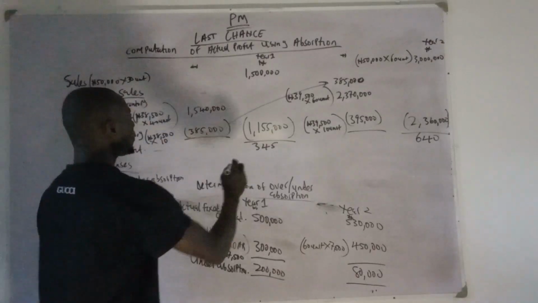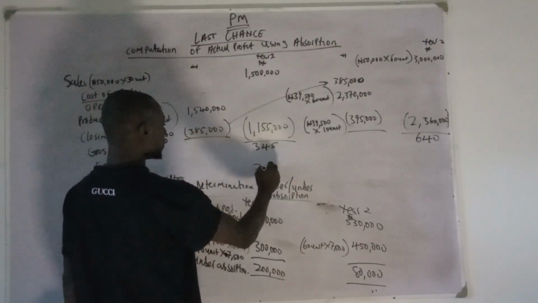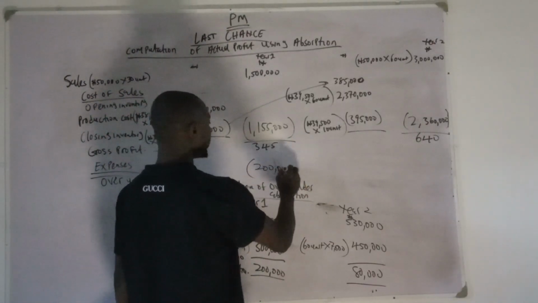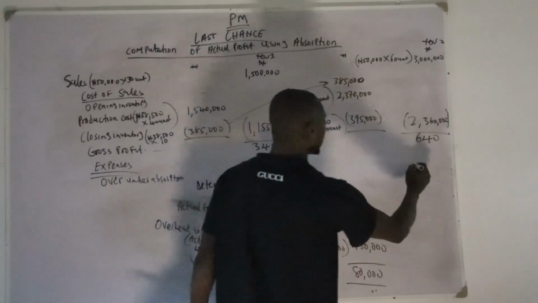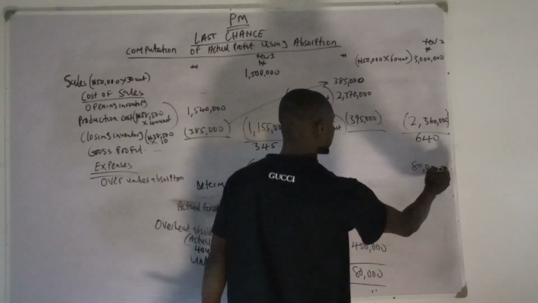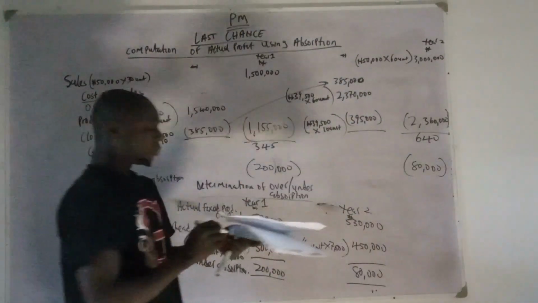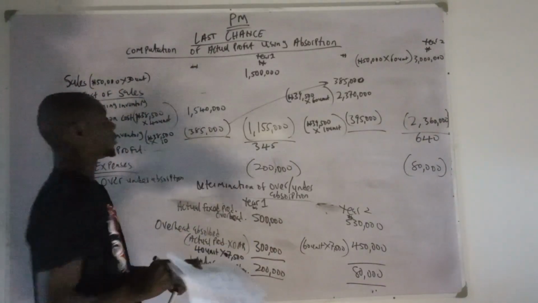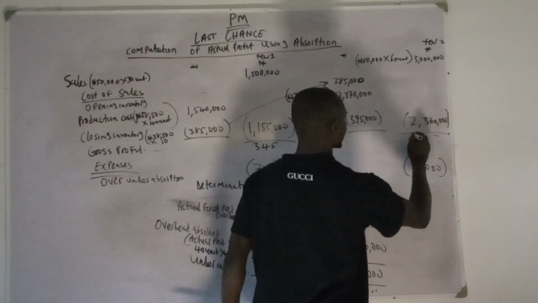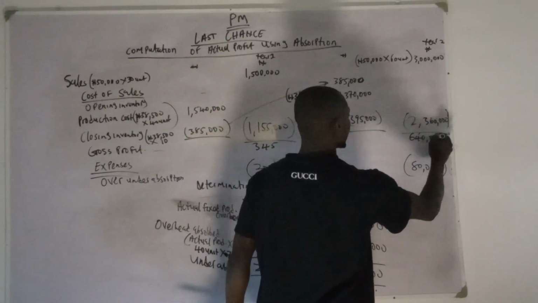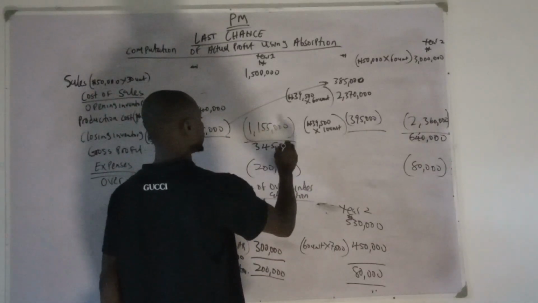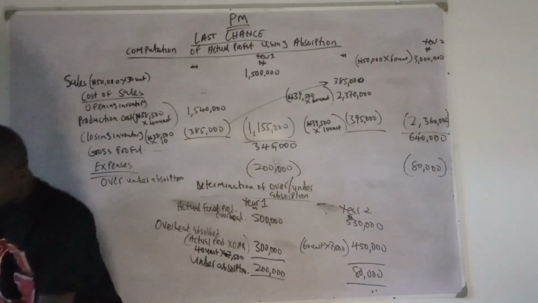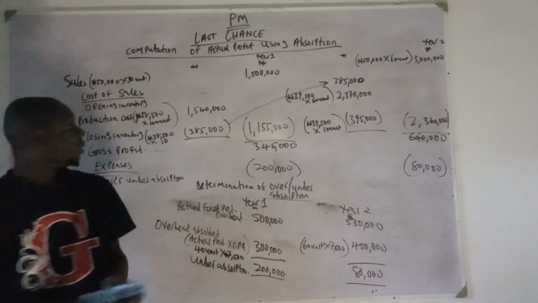So this is 200,000, while this is 80,000, right? So what is the difference between this? So this is supposed to be 640,000. Right? So what do we have here?